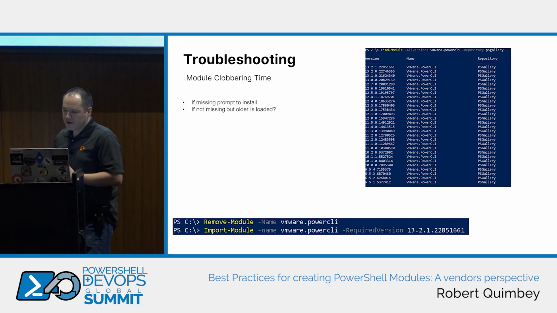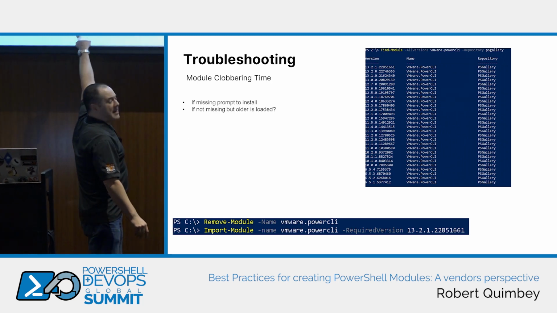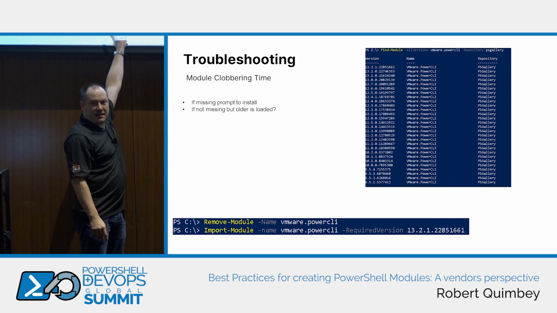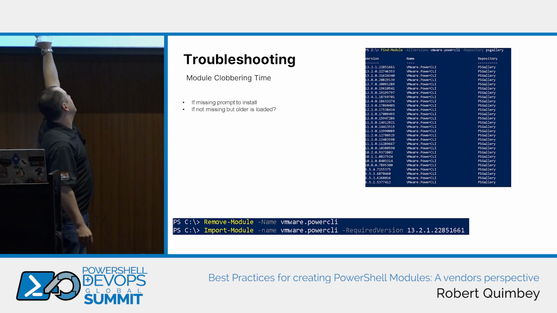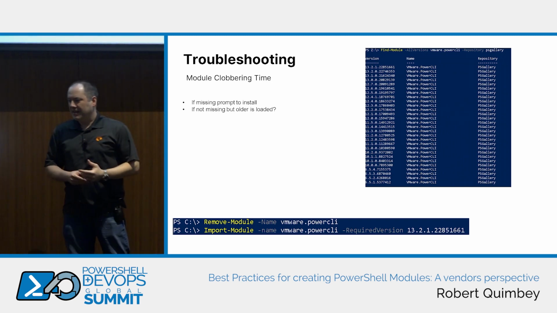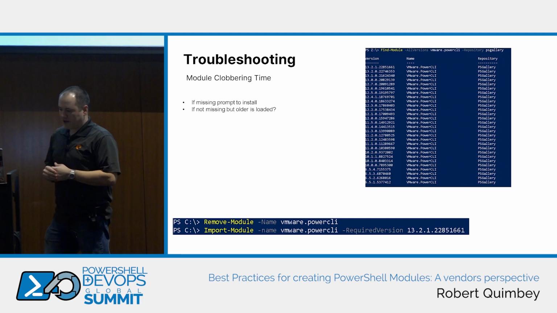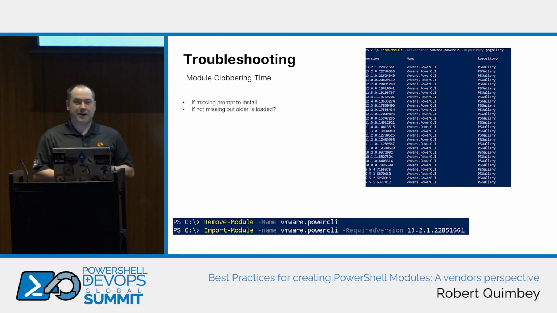And it turns out that this should work, right? If I do something like this, get rid of the module out of memory, and then just import this module, it should be fine. And I was so confident, and I get on a call with the customer who's having a problem, and we go through all this, and it's still not working. And we're like, okay, what's going on?